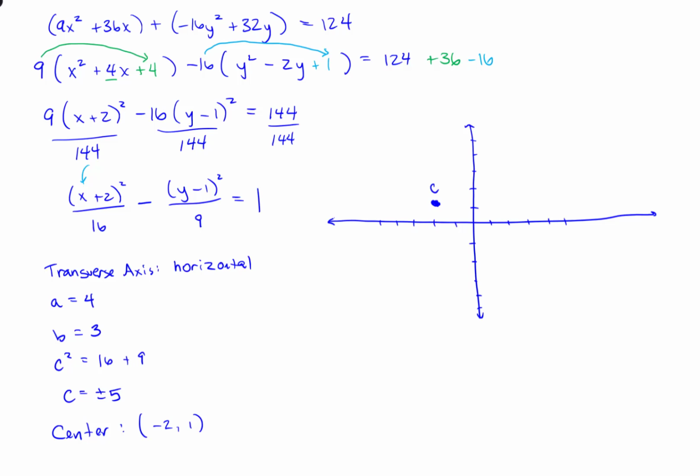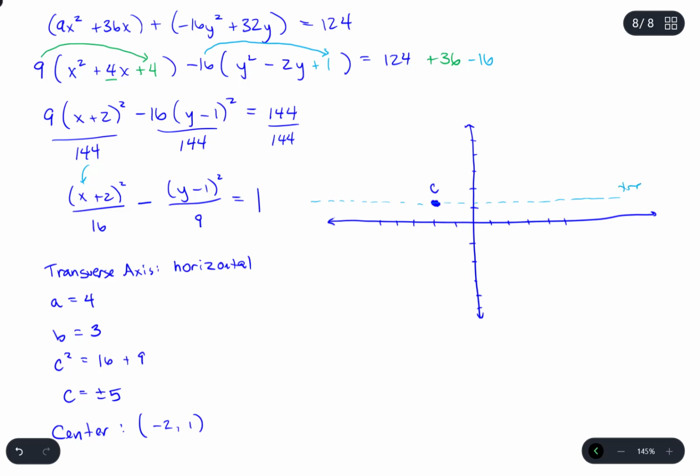And then the transverse axis is horizontal. So what that means is that the transverse axis, I'll just kind of shade that in like this. So that means my focal points are along the transverse axis.